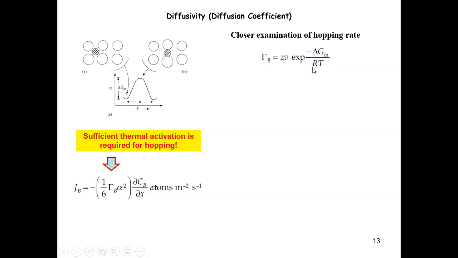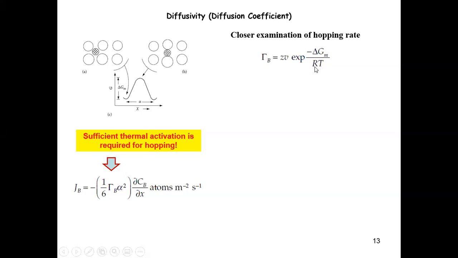And RT, as we know, is the average thermal fluctuation that you can get from the environment. This is written in terms of the macroscopic unit, and in the atomic unit, this can be written as kT, depending on the unit of your delta G. If delta G is in joules, you should use RT, but if delta GM is in electron volts, you can use kT, but it doesn't really matter.